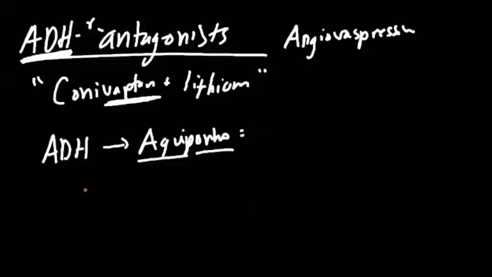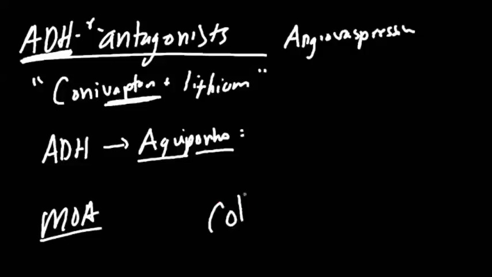And I'll show you how the mechanism works there. So let's talk about that MOA, the mechanism of action. So we've got a cell, and here's a lumen, here's an interstitial. We're going to talk about the collecting duct.